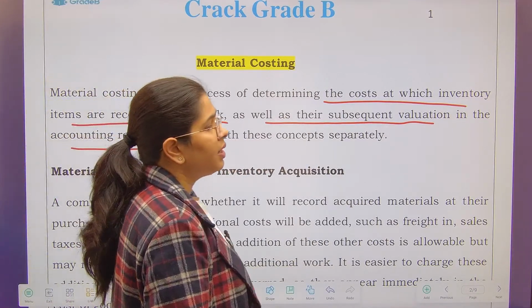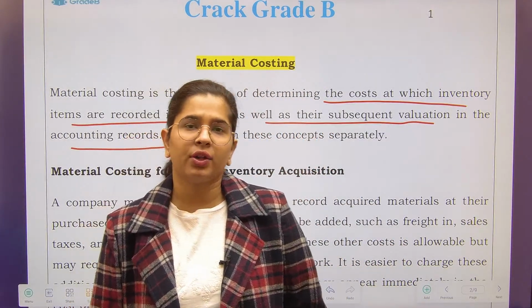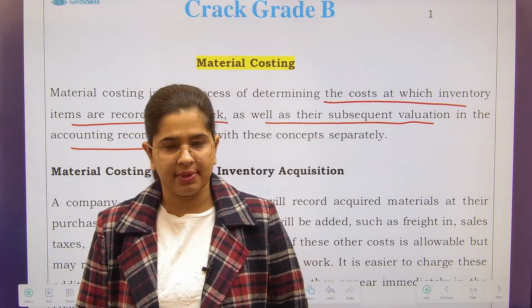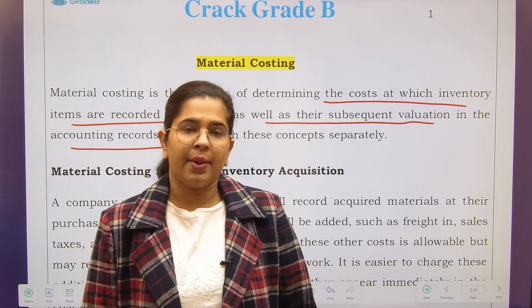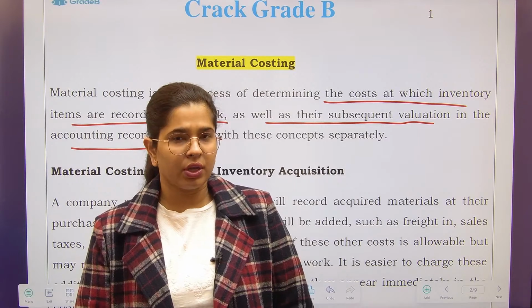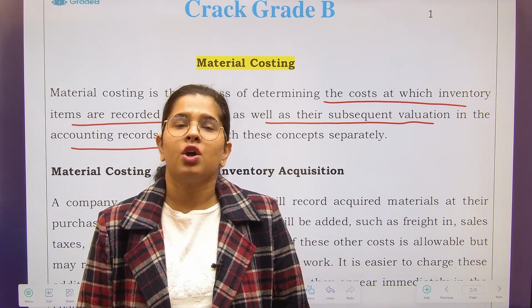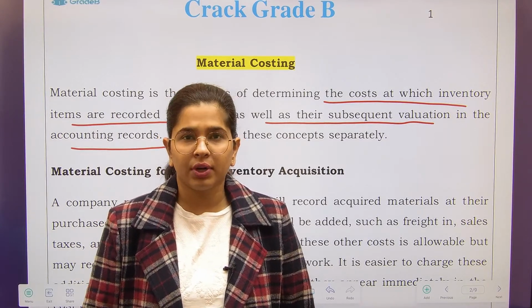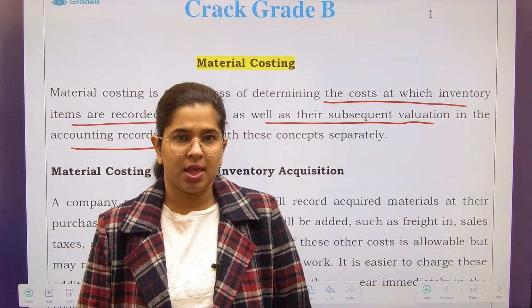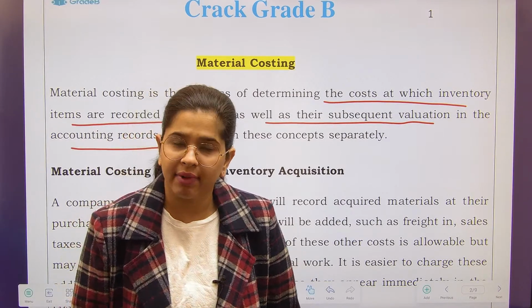So material related costing is obviously going to impact your inventory valuation as well. Why will it impact our inventory valuation? Because just now I have told you the purpose of costing is to find out the cost per unit of production, the cost at which you have produced the inventory.